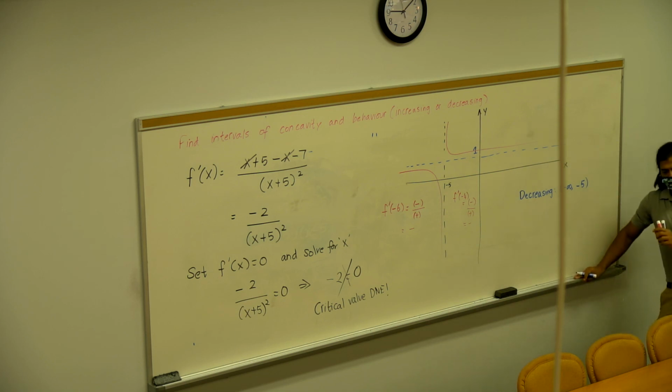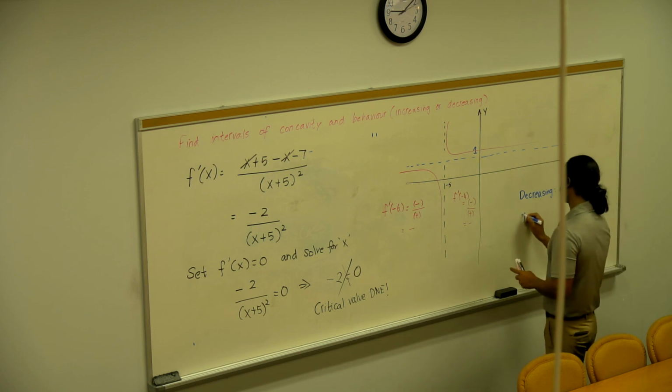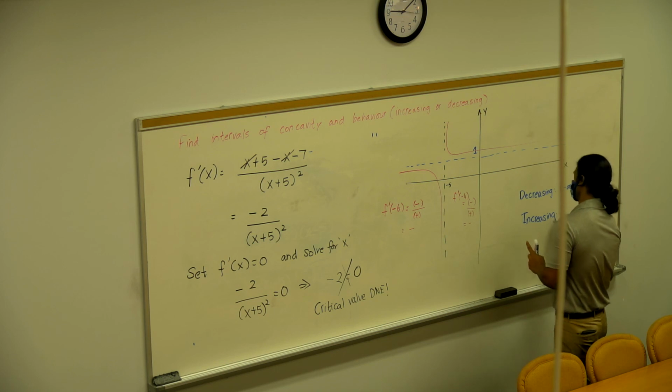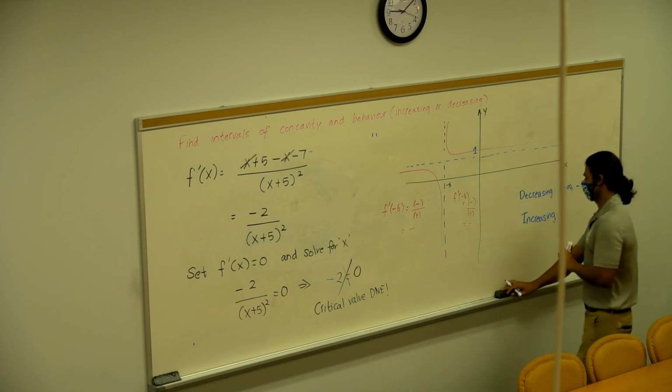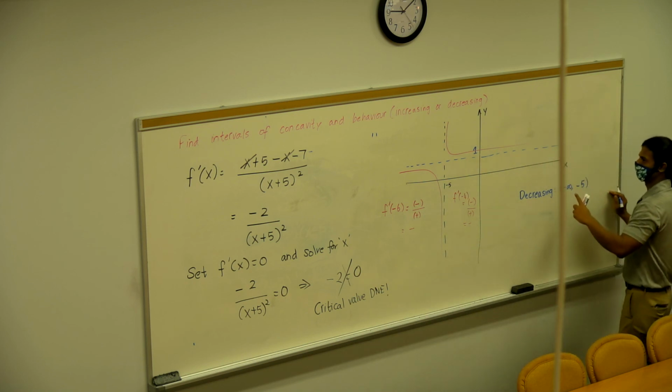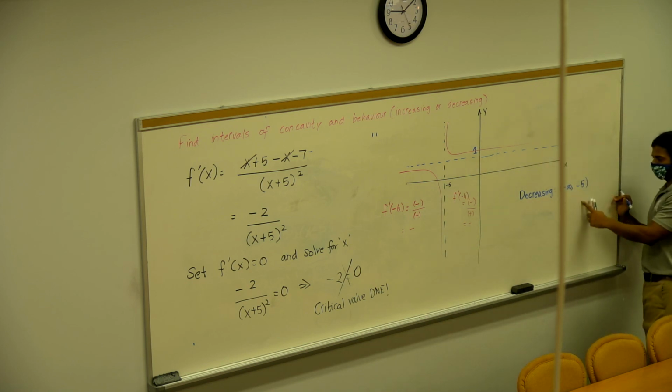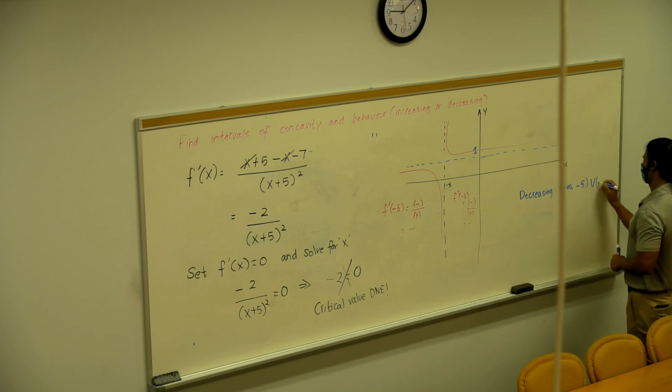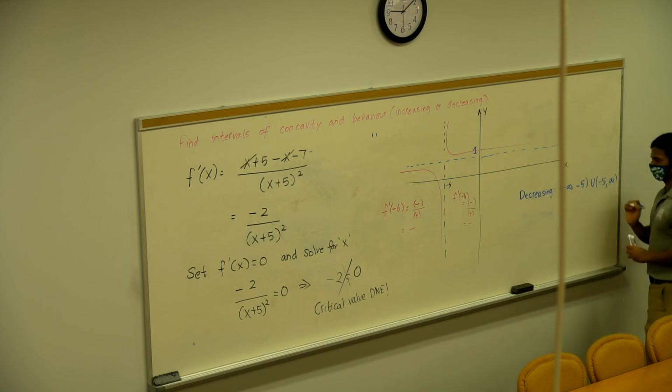So we are treating vertical asymptotes as breakpoints, and even if you don't have a critical value, you can make use of a vertical asymptote to identify the behavior of the function. It's decreasing on negative infinity to negative 5, union negative 5 up to infinity.